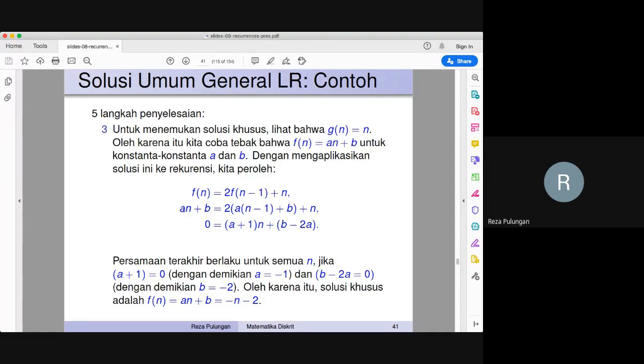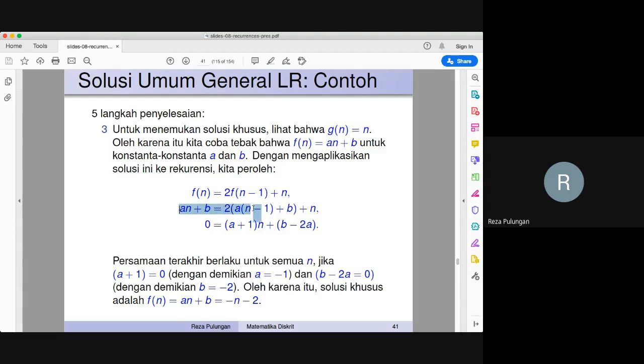What about Fn minus 1? If you replace n by n minus 1, then you have to replace this one also with n minus 1. So this will be 2 times A(n minus 1) plus B, plus n. You see, this is just basically replacing things.